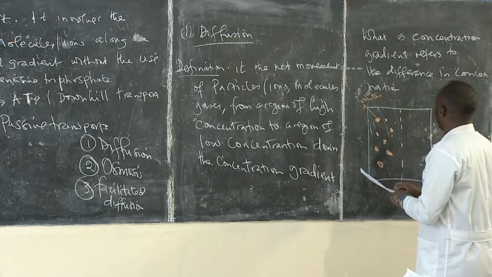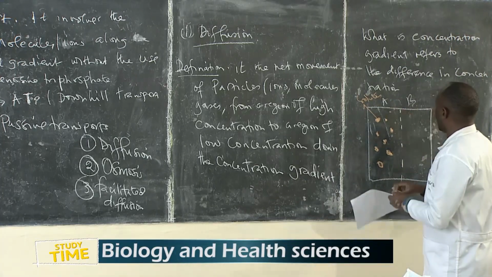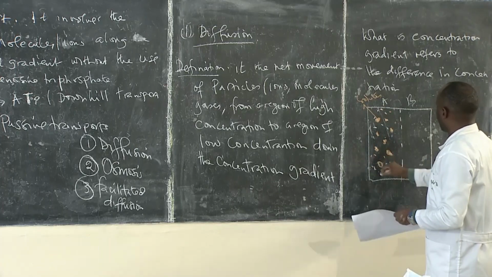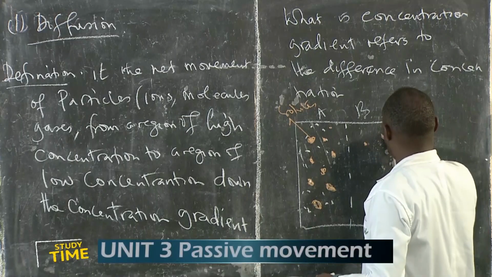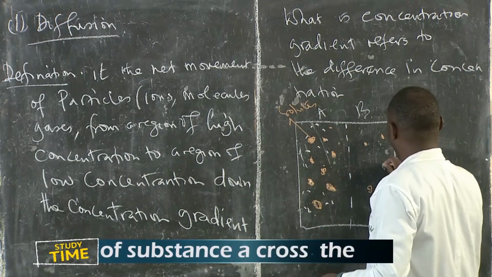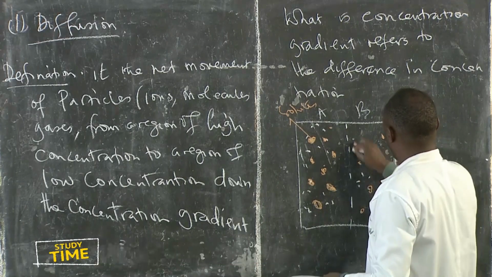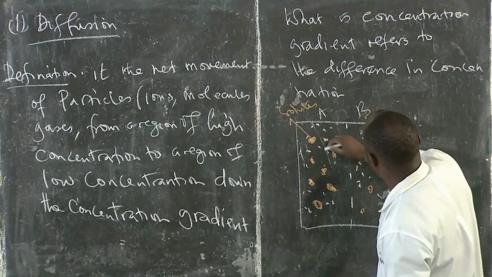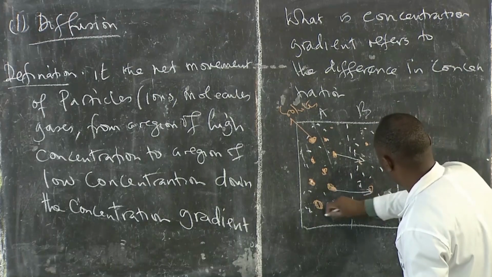I can call this A and this B. These are more solutes, and here there is less water. On that side, on B, I have fewer solutes compared to A. There are more solutes on that side, but there is more water here on that side. Now, the solutes will move from high concentration, dosing with water.